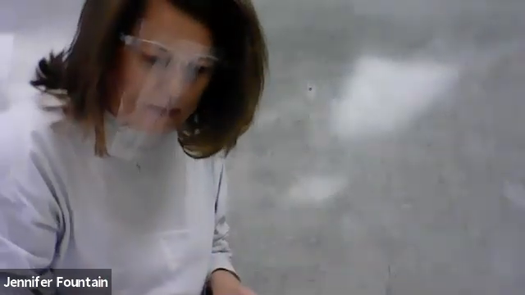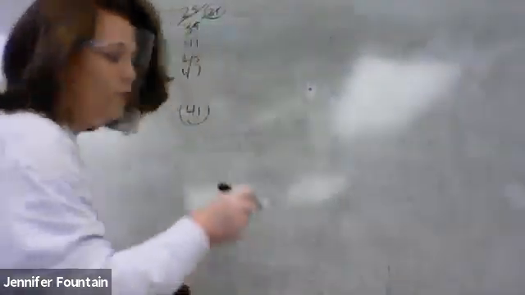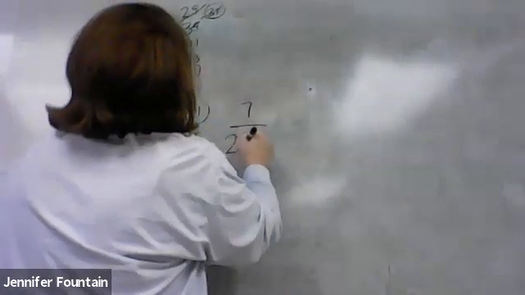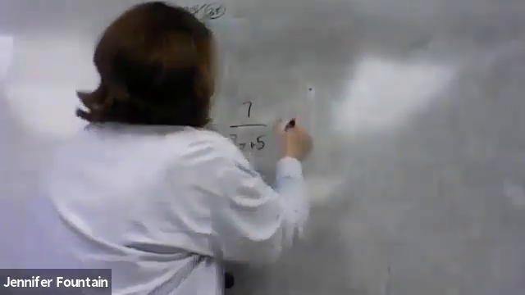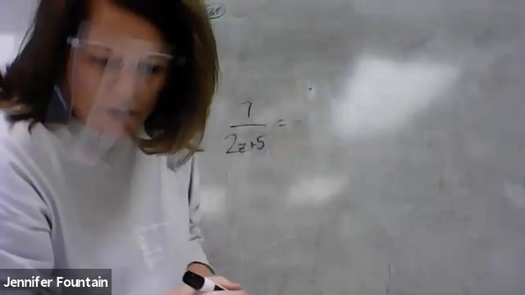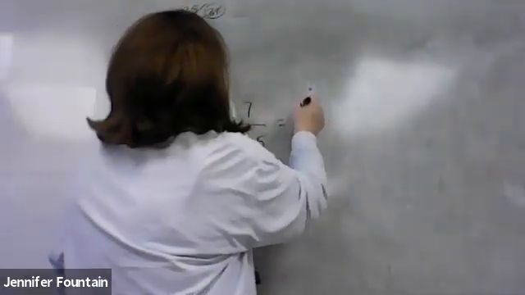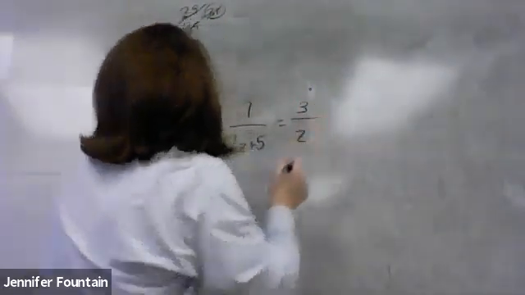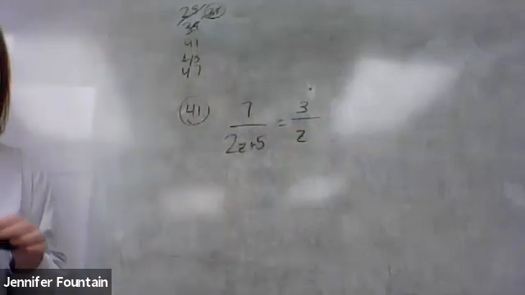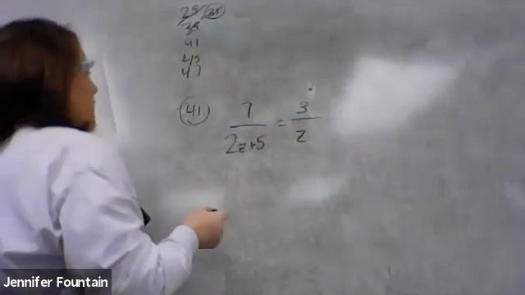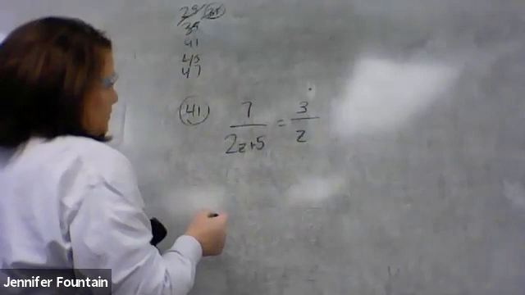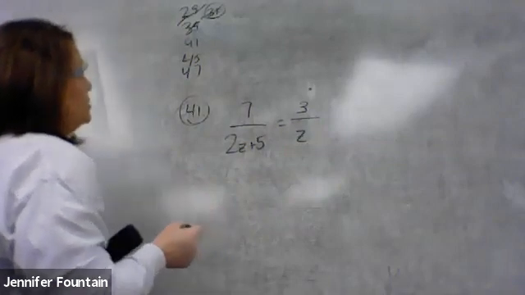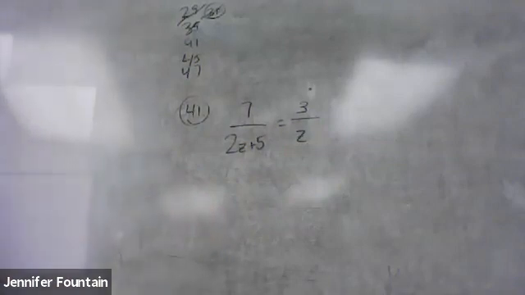Okay, so 41: 7 over 2z plus 5 is equal to 3 over z. All right, Easton, tell me what I'm going to do, based on what we just did in number 39.